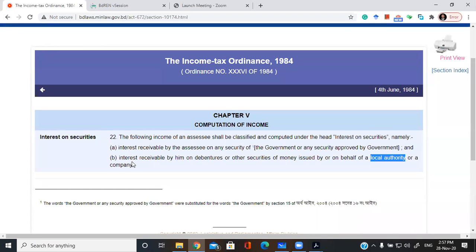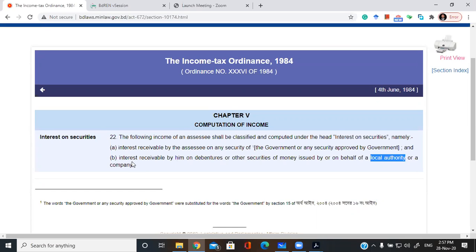So if they get their application approved, the bond issued by the Dhaka North City Corporation will be the first municipal bond in Bangladesh.